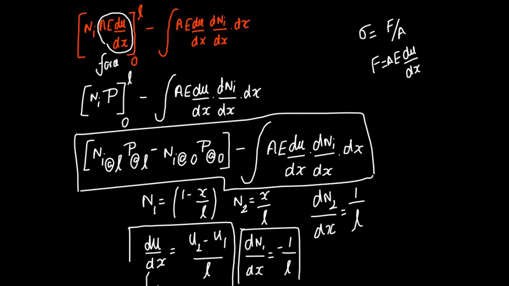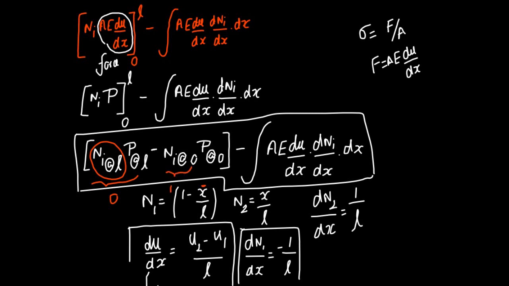If I find the shape function at x equal to L, then N1 is 1 minus 1, which becomes 0. So this term just becomes 0 when I substitute the limits. Then what is the shape function N1 at x equal to 0? Well, this term becomes 1.